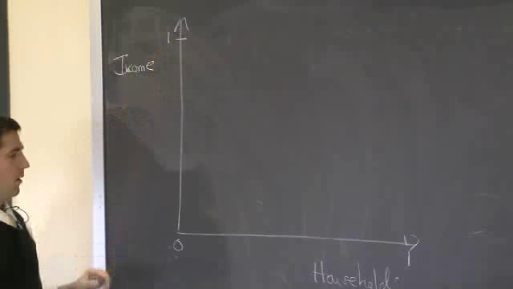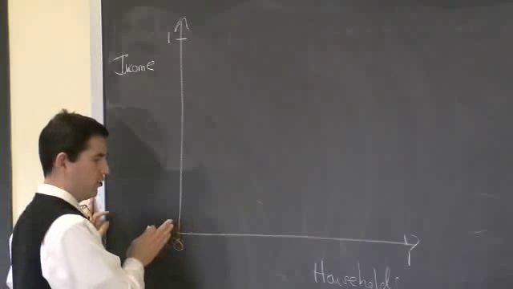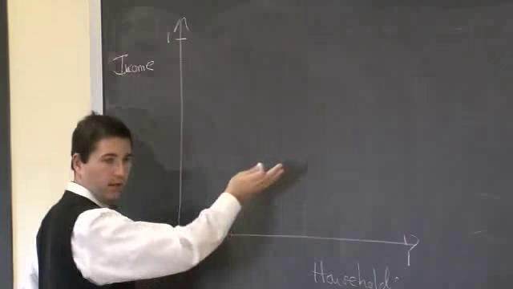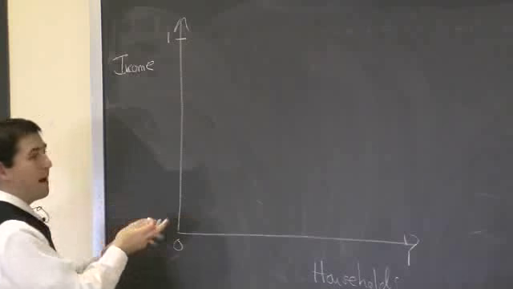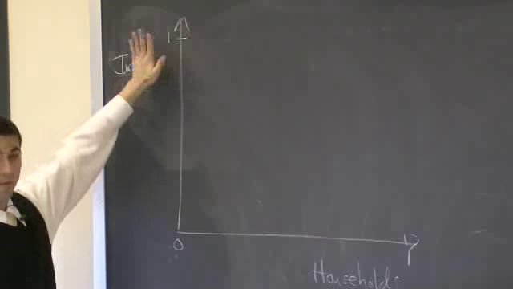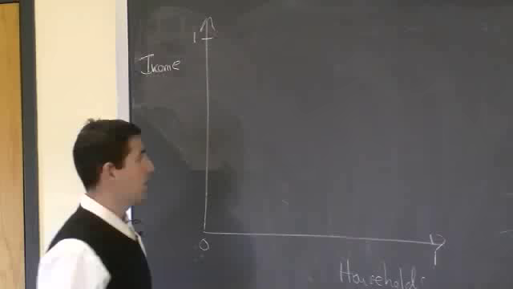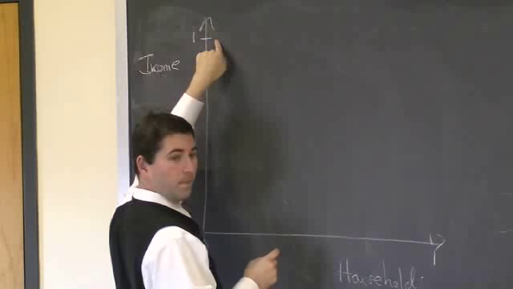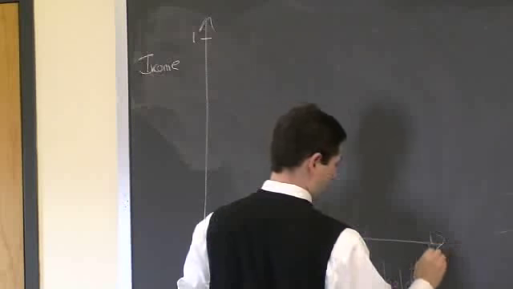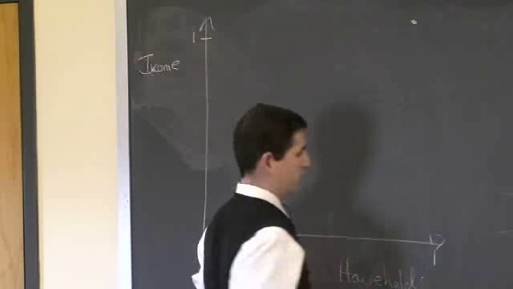So what you might suspect is that as you increase the number of households that you're looking at, the amount of income that those households make is going to go up as a percentage of the total income. You should only be able to get all the income by looking at 100% of the households.